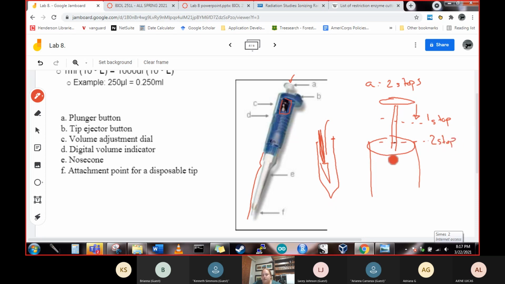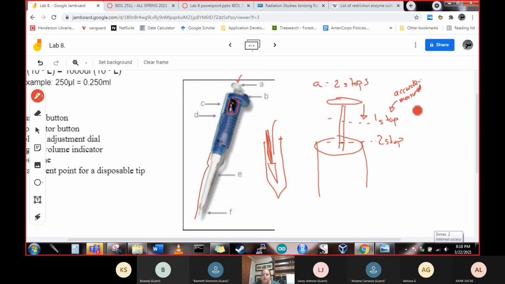You can push it through both of these, but basically the first stop is what you push it down to for your accurate measurement. So the first stop is for the actual volume that you're pipetting.